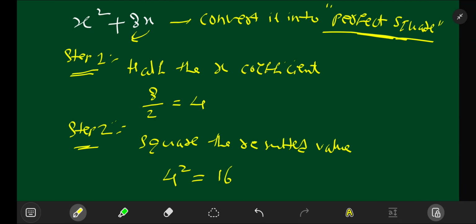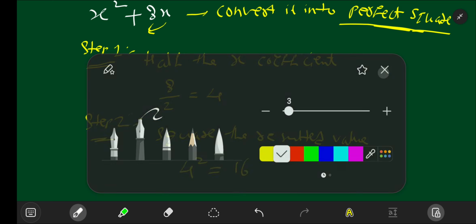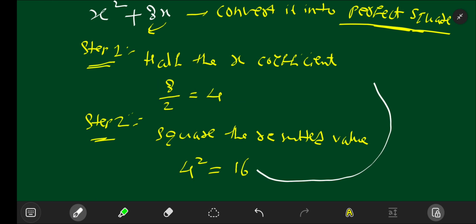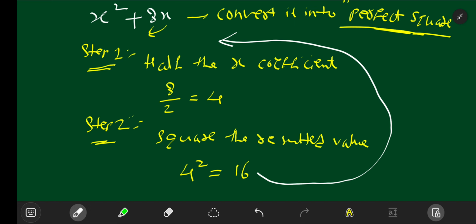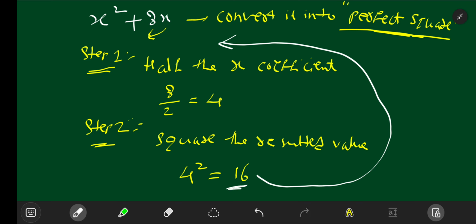This 16 we have to add and subtract from the given equation. This is the question, the actual given equation. From step 1 and step 2 we get this answer, 16, which we add and subtract from the given equation.